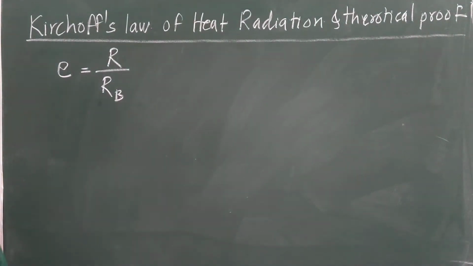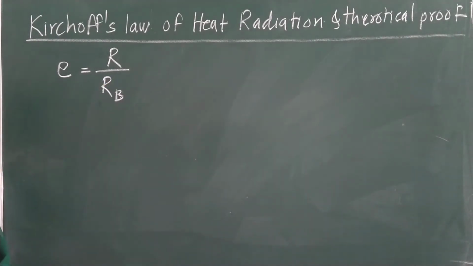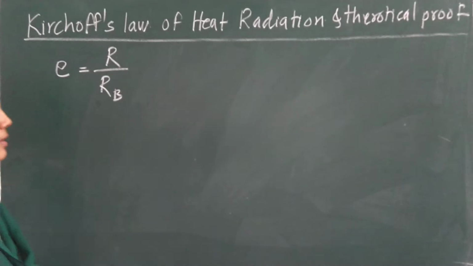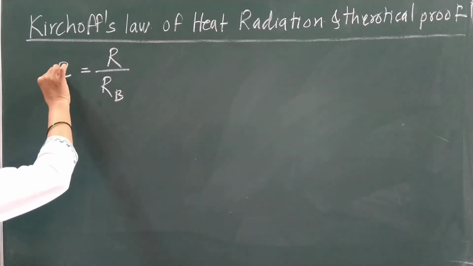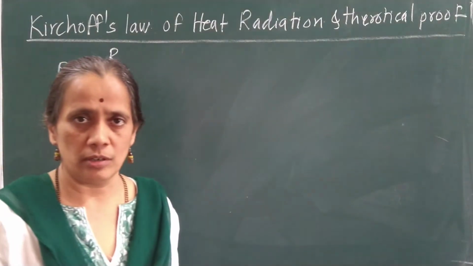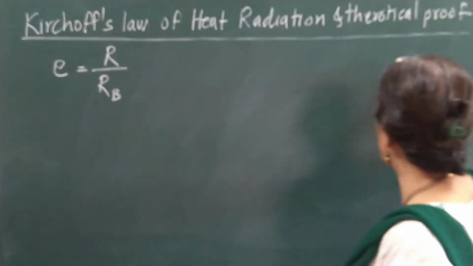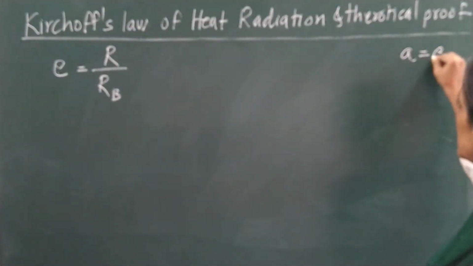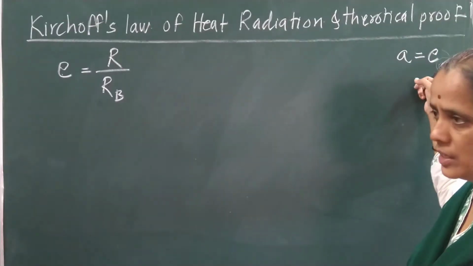Is it right? And then we have seen that for a perfectly black body, E is the emissivity, and A is nothing but the coefficient of absorption. So for a perfectly black body, the coefficient of absorption is equal to the coefficient of emission or emissivity.